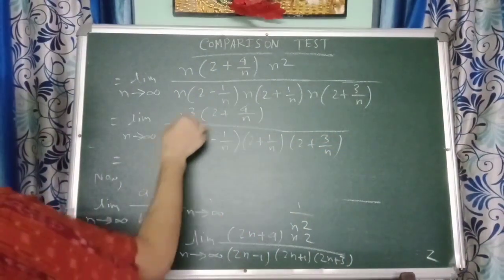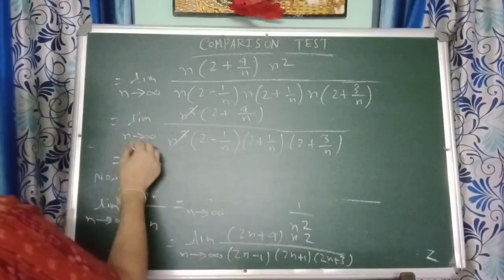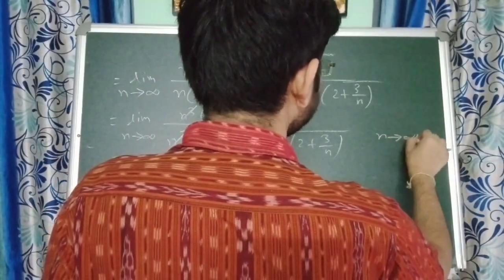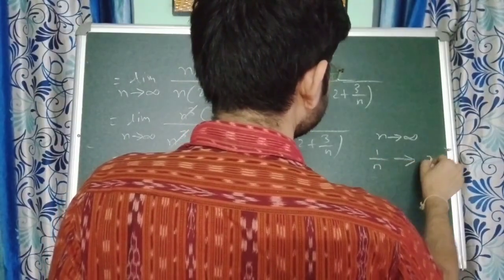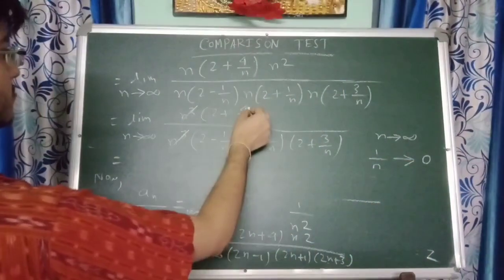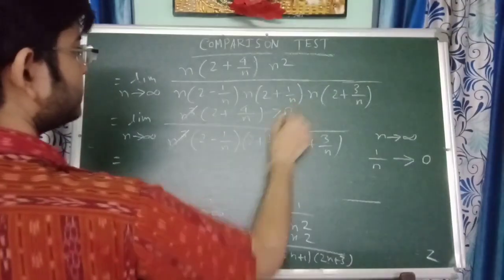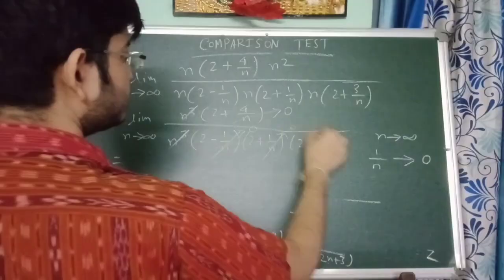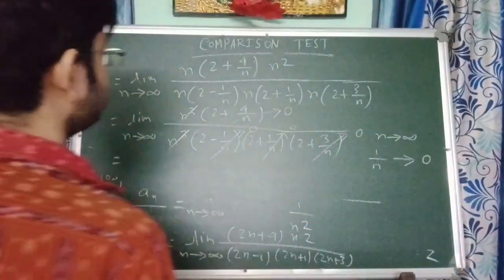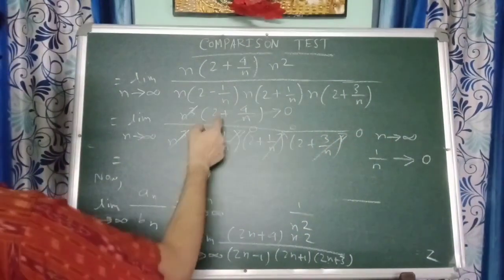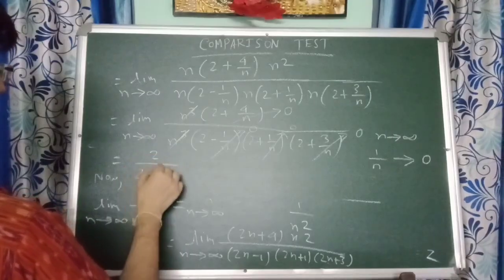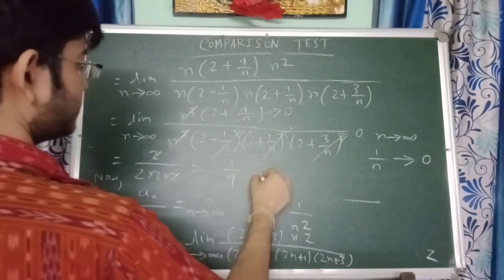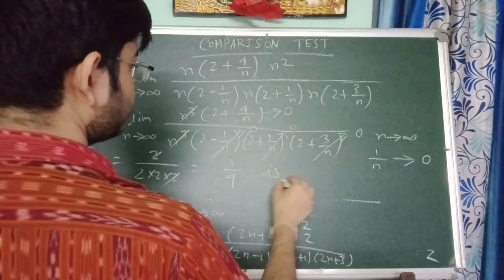Now cancel both n cube and take the limit. Since n tends to infinity, 1 by n goes to 0. So each of these parts becomes 0. The remaining part is 2 divided by 2 into 2 into 2, which is 1 by 4.